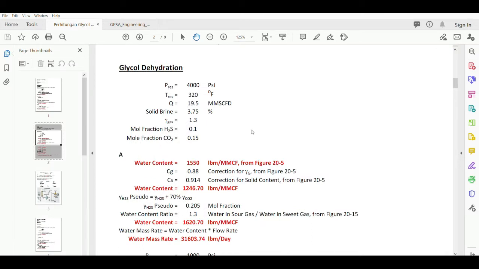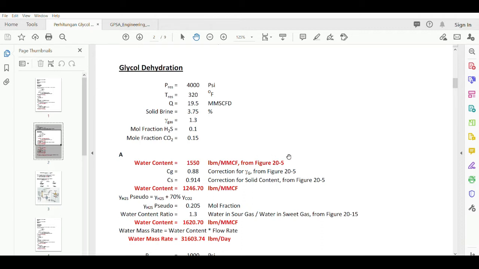We calculate the water content by using figure 25, because figure 25 is for a larger temperature.